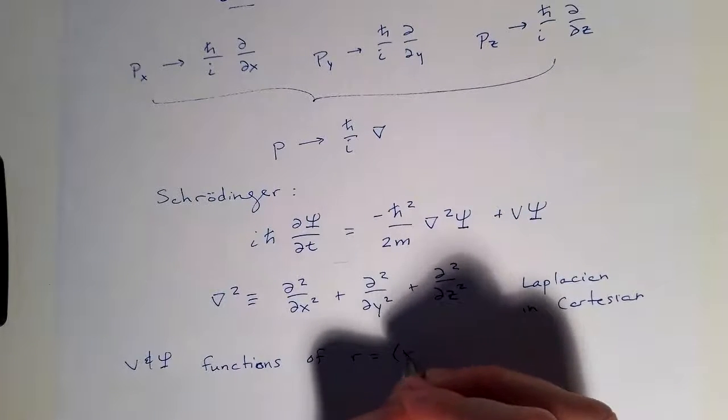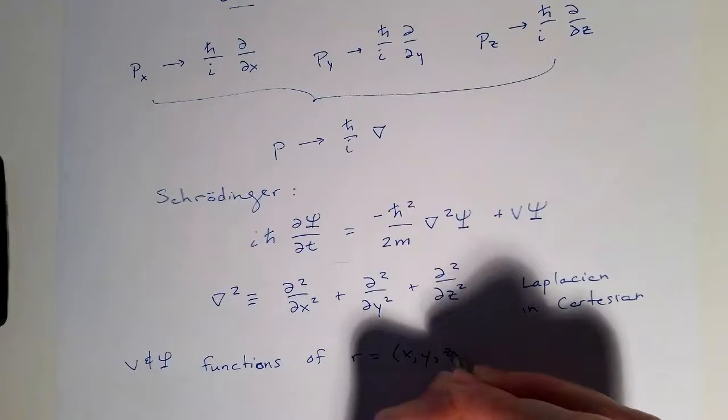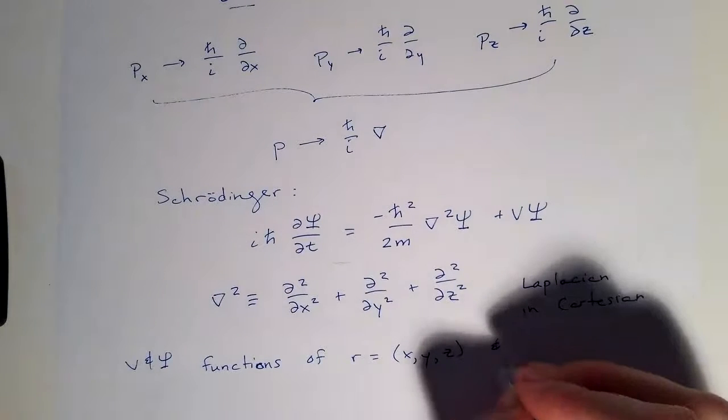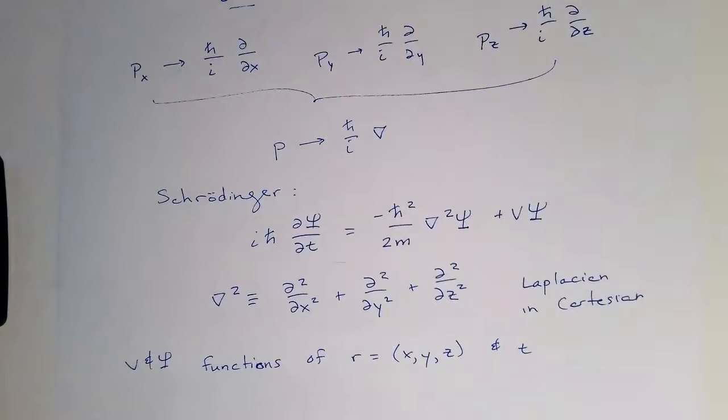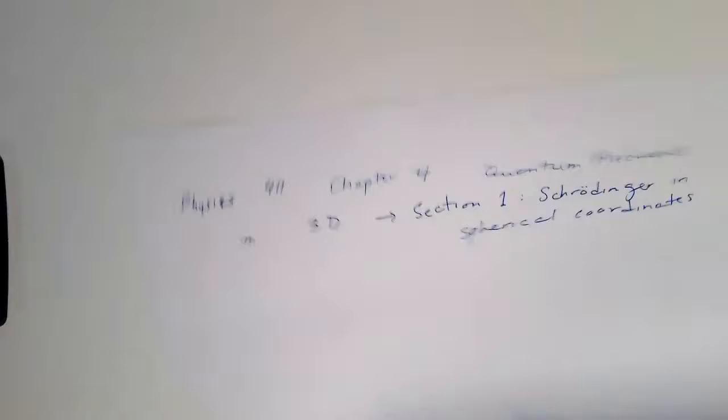That position we could describe with our Cartesian coordinates, and a function of time, right? If we want to talk about the probability of finding a particle in a certain place.